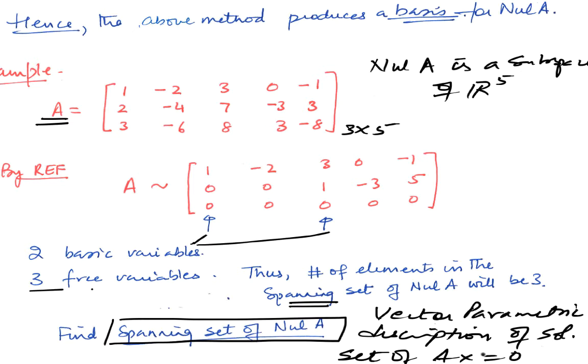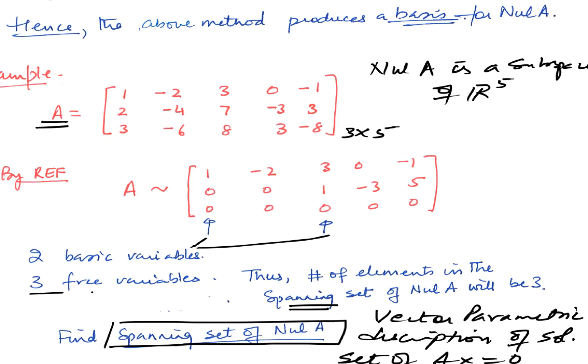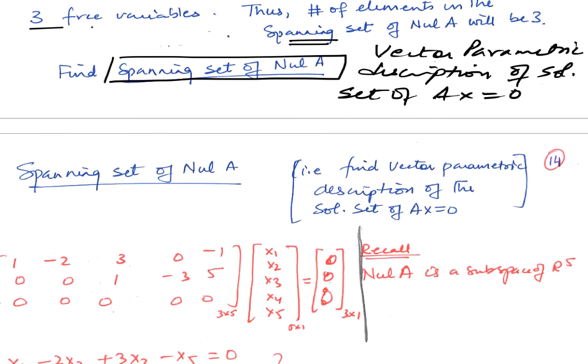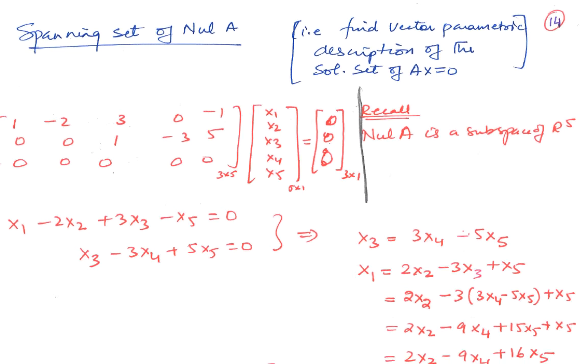Remember how close we are every time we're going back there. Okay, so let's do the math now. I would like to find the spanning set of the null space of this matrix. Now we will work on the row equivalent form. That is, after we apply the algorithm, we get this matrix. In other words, I want to know how this X would look in terms of the variables x1, x2, x3, x4, x5.